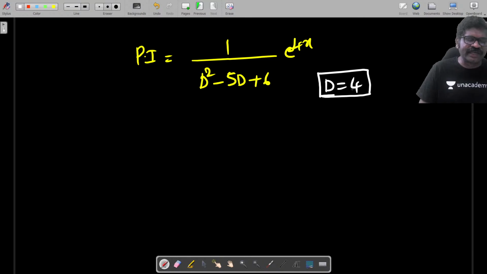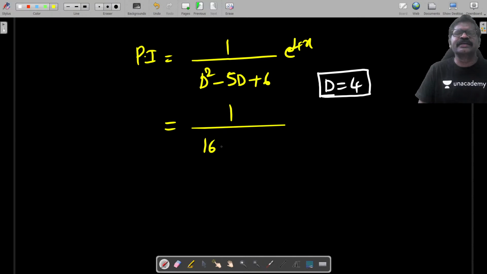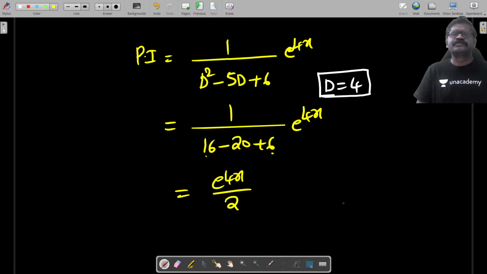By replacing D equal to 4, we get 1 by 16 minus 5 times 4, which is 20, plus 6, into e power 4x. 16 plus 6 is 22. 22 minus 20 is 2. Therefore, e power 4x by 2.